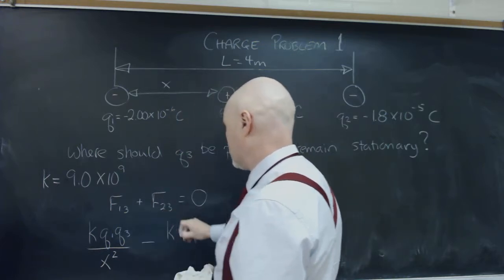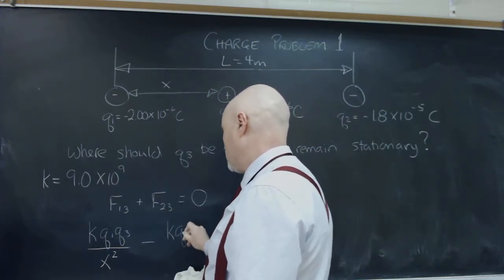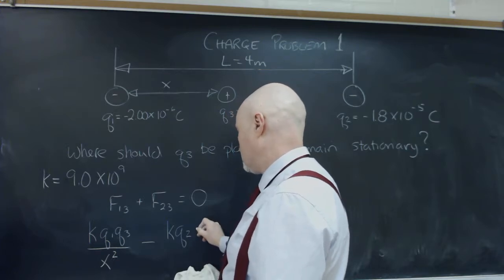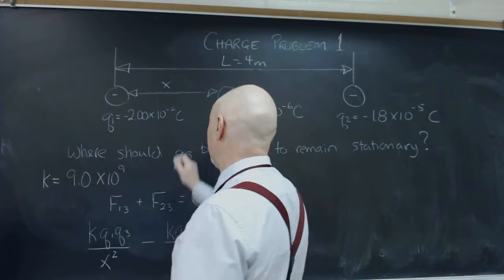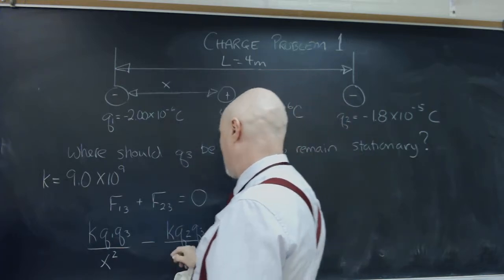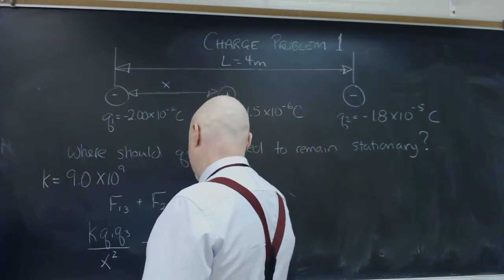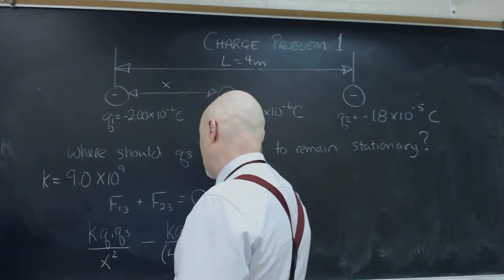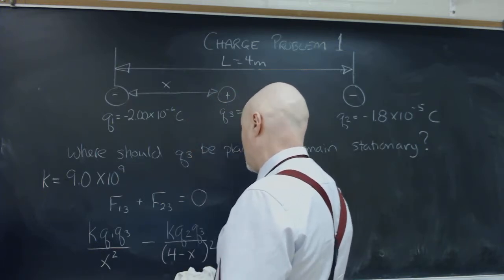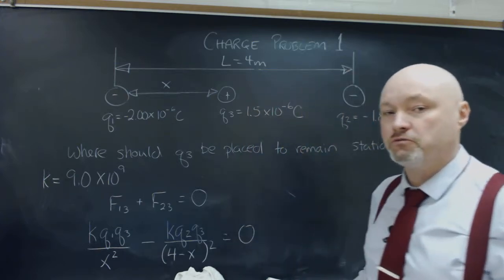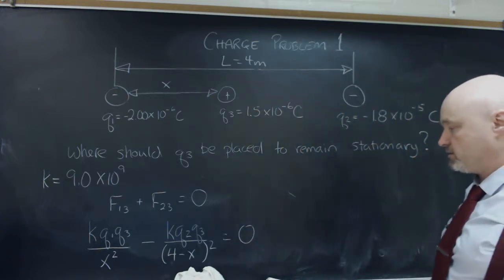We'll go with it anyways. So Coulomb's constant times charge 2 times the charge 3 over L minus x squared, or 4 minus x squared. This has to add up to 0 in order for it not to move.